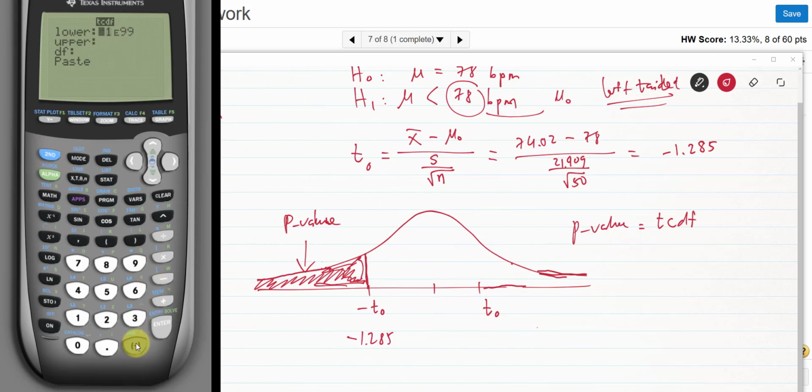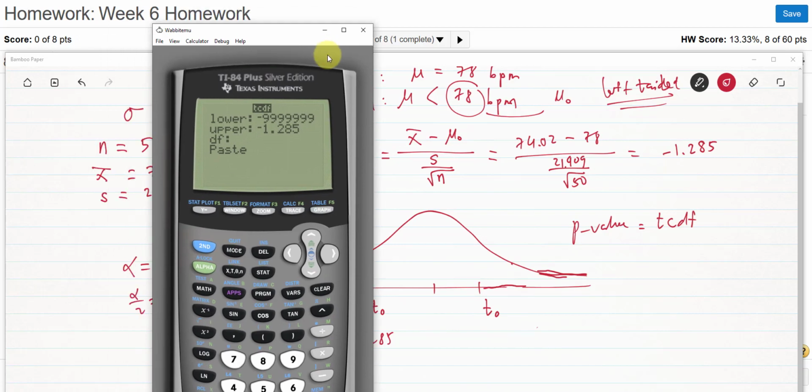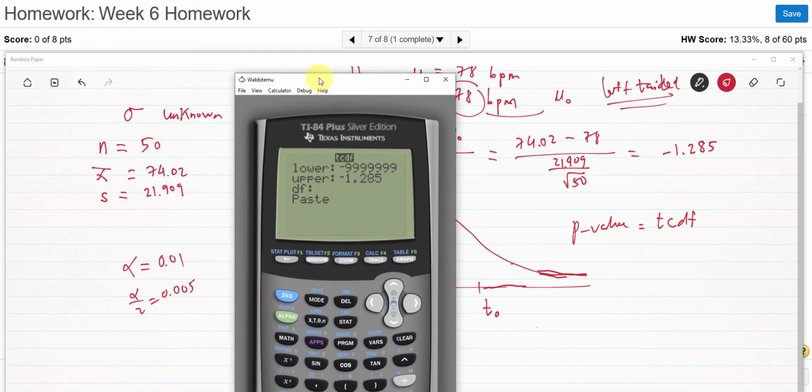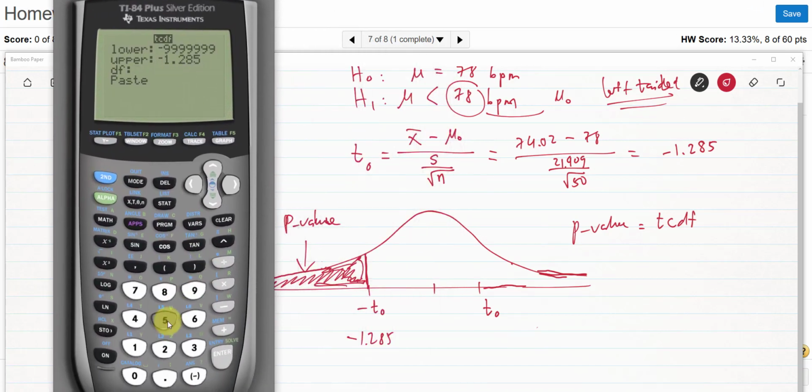So I put a very negative value, negative 99999, and we go all the way to the upper bound, which is negative 1.285. And then the degree of freedom is n minus 1. In this case, your n is 50, so we have 50 minus 1, which is 49.